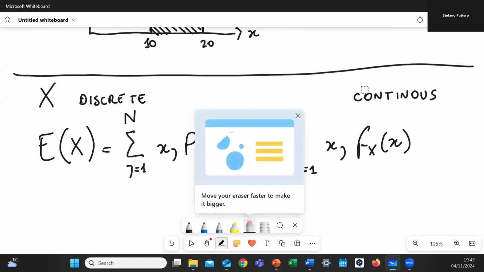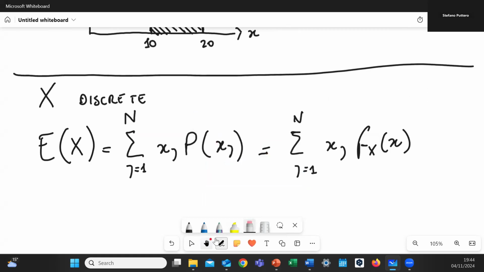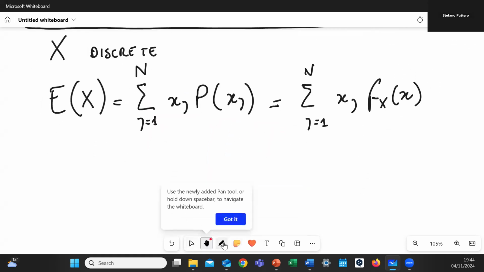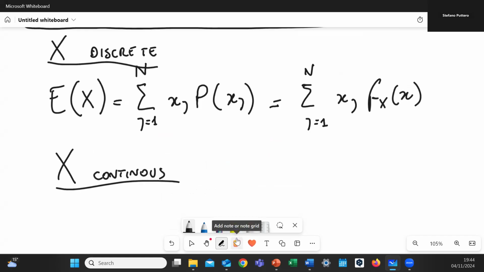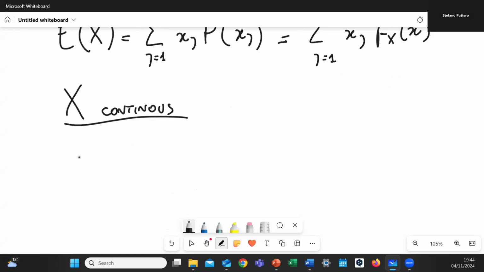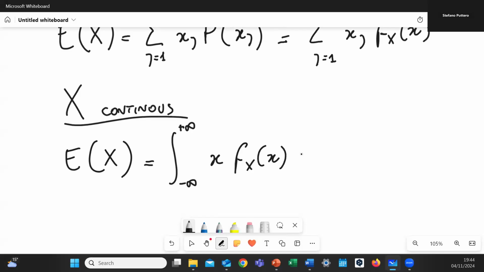So let me erase this part. On the other hand, if x is continuous, we have a different formula, because the expected value of x is equal to the integral between minus infinity and plus infinity of x multiplied by f_X(x) dx.